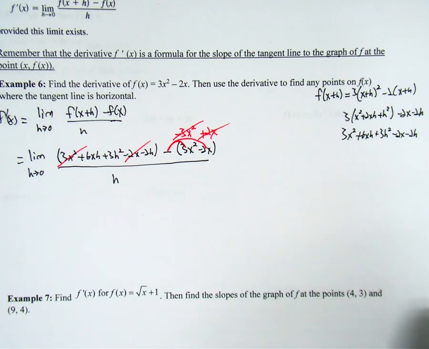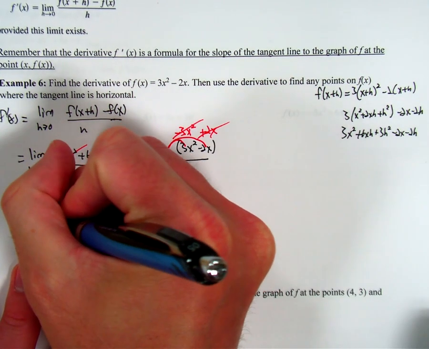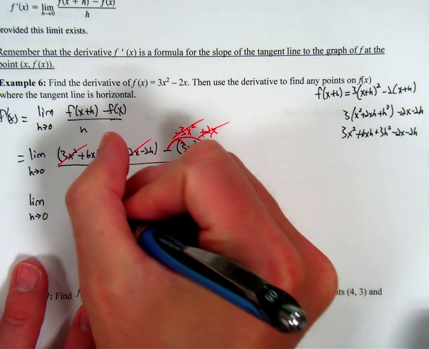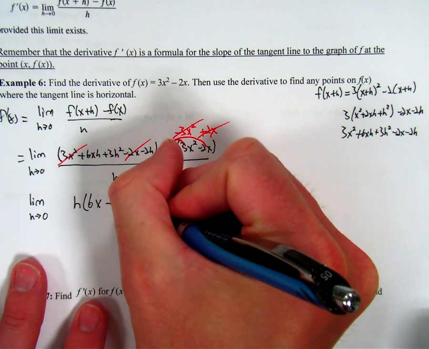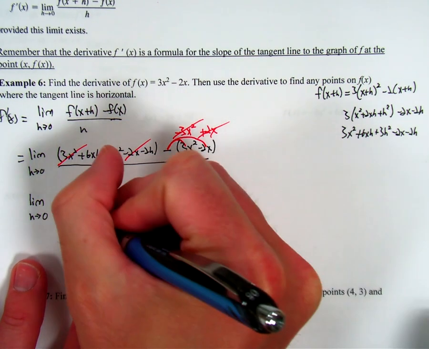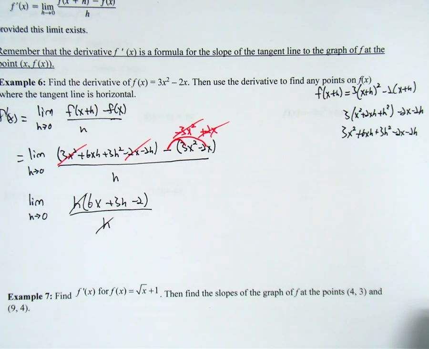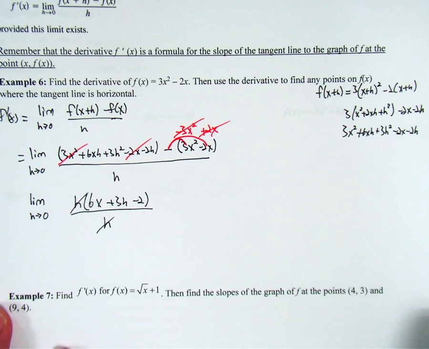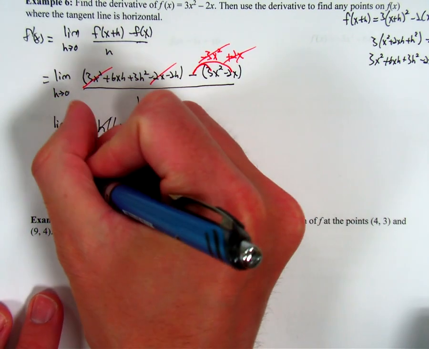We're going to pull an h out in front of all of those. So we're just going to take the h out in front right now. 6x plus 3h minus 2. Those h's cancel. The h we pulled out in front cancels with the denominator.